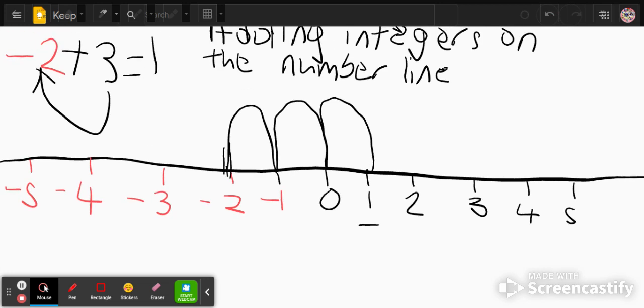And another way to reason this out without the number line is that, right? Let's say, for example, you owe somebody $2, right? And you have $3 on you, and you pay them the $2. How much money will you have left, right?